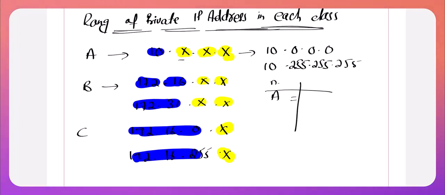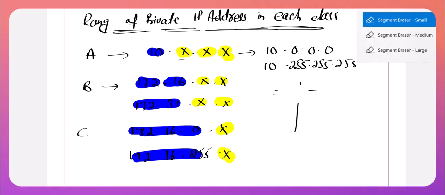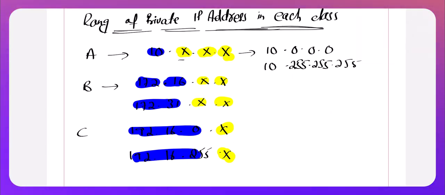Okay, let me write it properly. Class, number of networks.